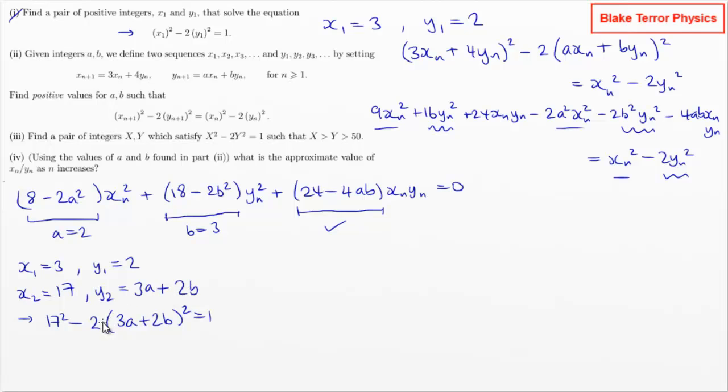So 17 squared minus 1 over 2 is equal to 3a plus 2b squared. Obviously, we don't need to do all of this because we've solved this properly up here, but I just want to know what happens. Difference of two squares, so that'd be 16 times 18 over 2. 16 times 9 is 144. Square root it, 12. So we'd have 3a plus 2b equals 12, where a and b are positive integers. And the only way we're going to do that is have a equals 2, b equals 3.